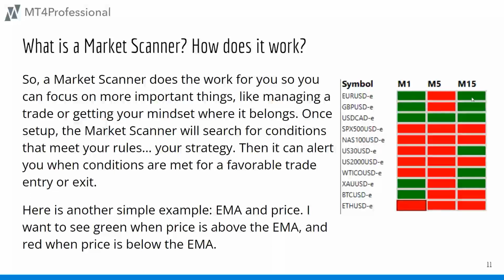So that would be a bullish move. And likewise, Bitcoin is in a long-term bearish move, but it looks like it's starting to turn into a bullish trend on the short term. So that's the idea behind this. You can make some very good logical decisions based upon the information that you're getting if the scanner is working your strategy the way it should.